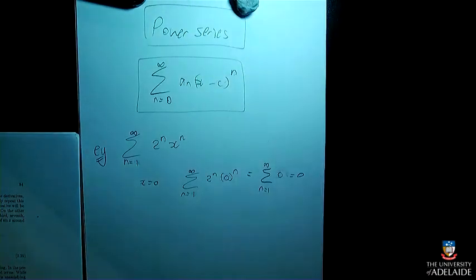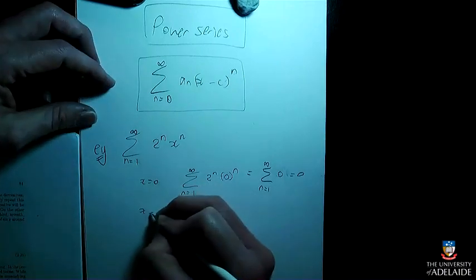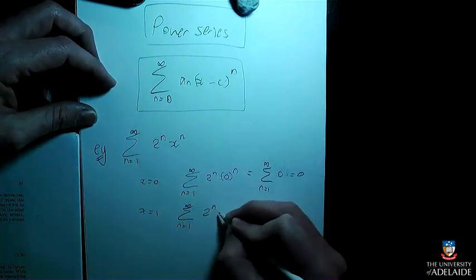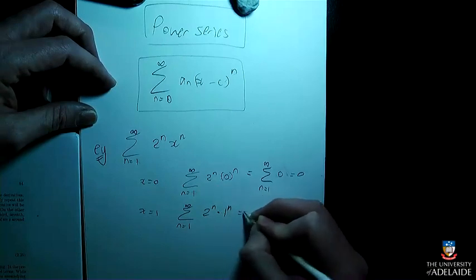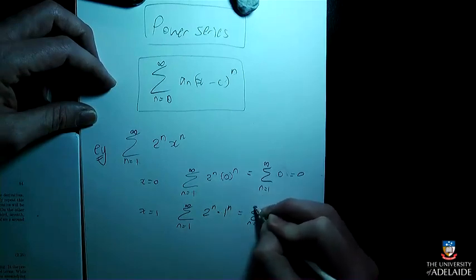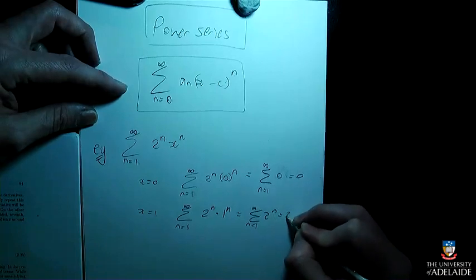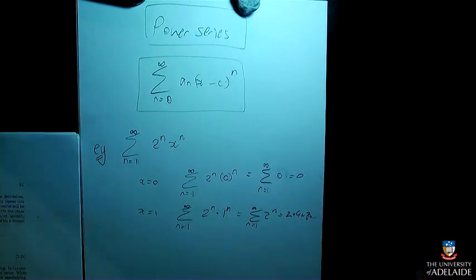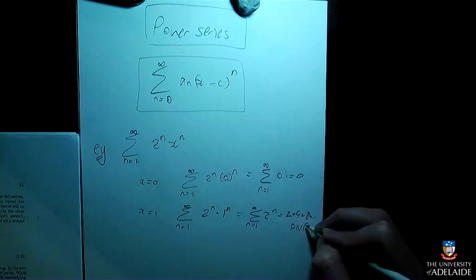No matter how many zeros you add, even infinitely many, it's still 0. Or if x is equal to 1, which would be like 2 plus 4 plus 8 plus forever, which doesn't exist. That's just infinity if I add all up those things. And so that one doesn't exist.